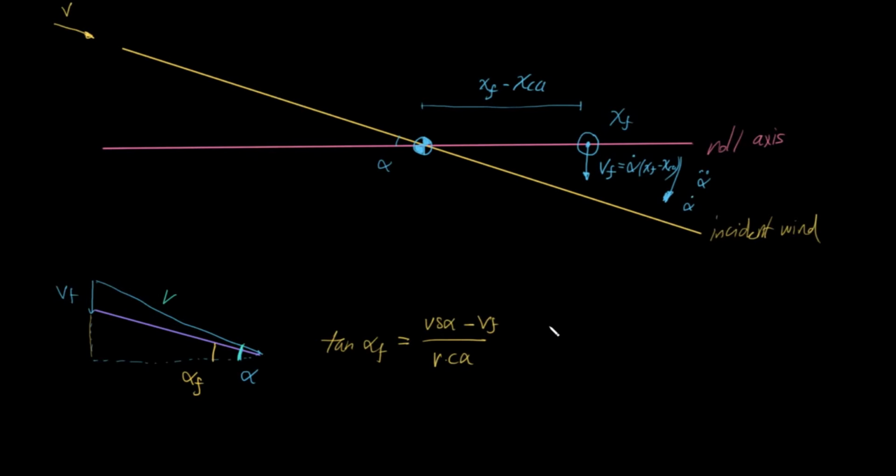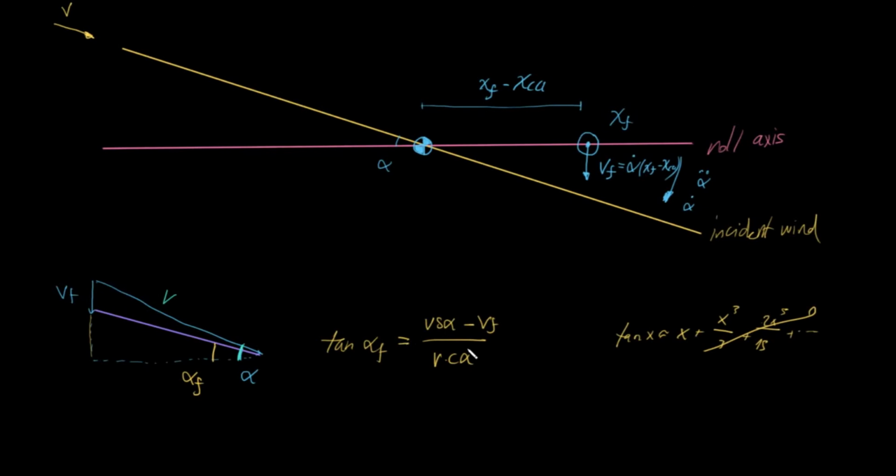If we do a series expansion for the tangent at small angles of attack, tangent of x is x plus x to the third, I believe, then higher order terms, but we're only going to take the first term because we're always going to talk about small angles.